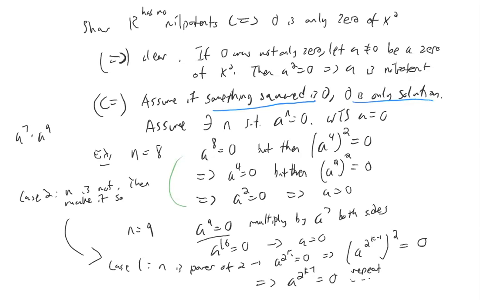But a9 is equal to 0, so this is 0. Since they are the same element, I'm just multiplying by the same element, right? And then this is just the exponent rule.